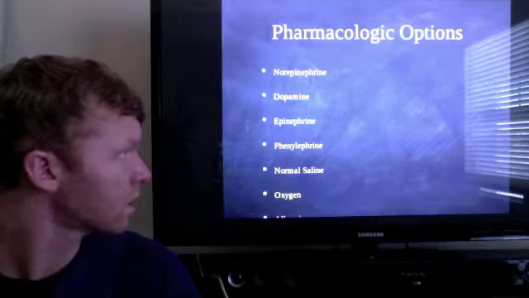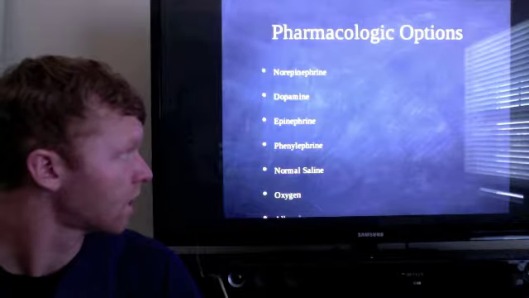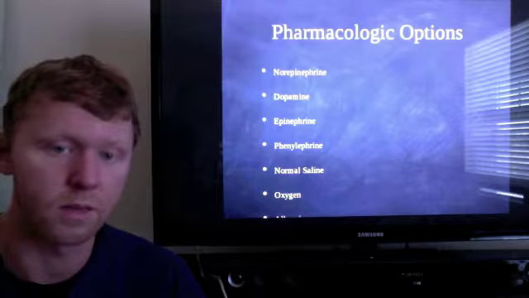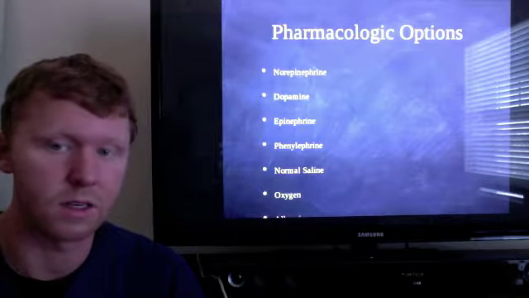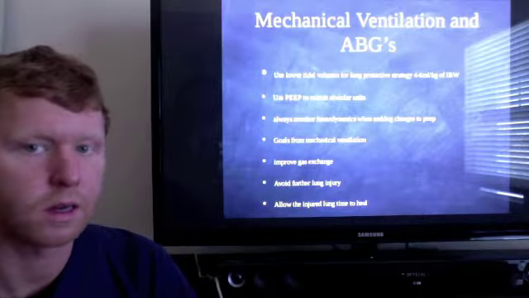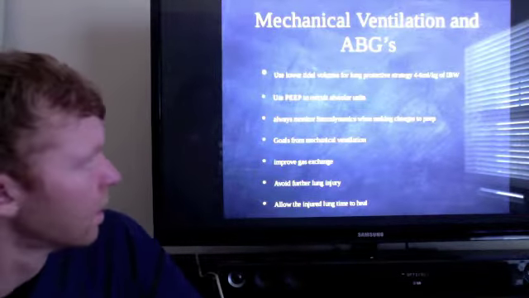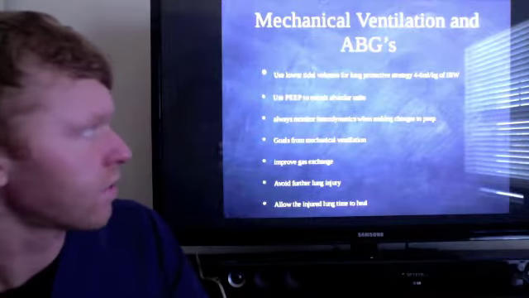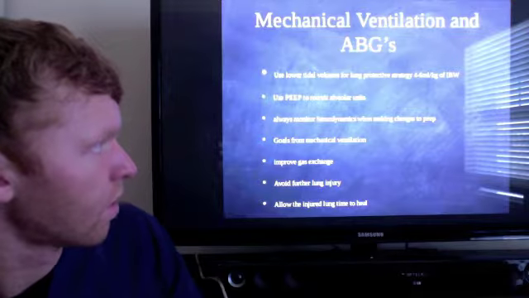And oxygen is highly recommended for patients showing respiratory distress and if their oxygen saturation is decreasing. For mechanical ventilation, for septic shock, you do want to use that lung protective strategy for the patients that do have ARDS.